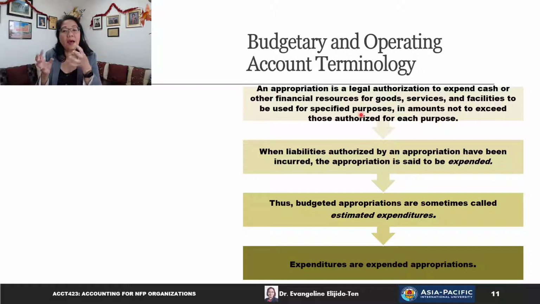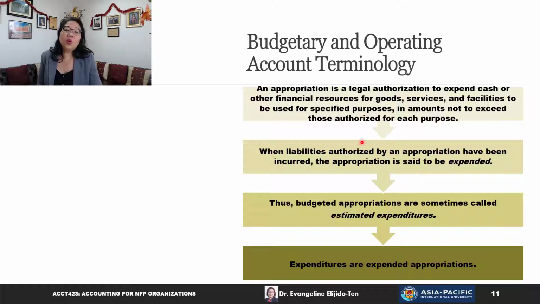And the amount must be specified as well, because if the appropriated amount is, let's say, $100,000, the amount should not exceed the 100,000 for that specific purpose.